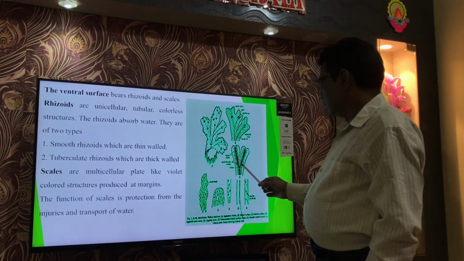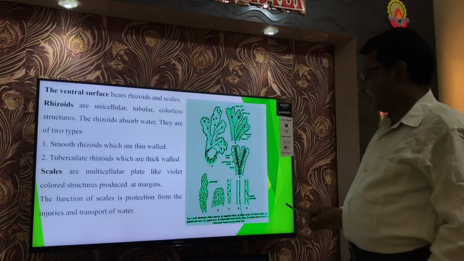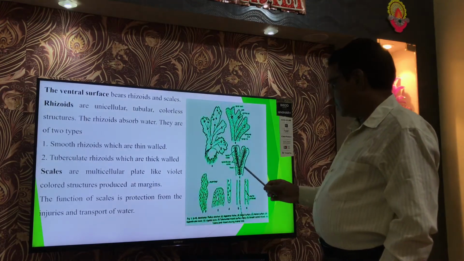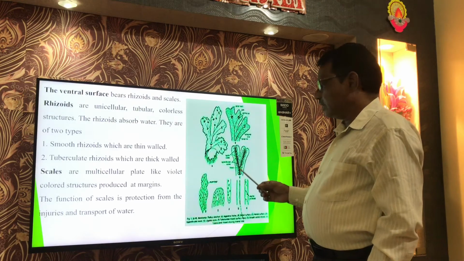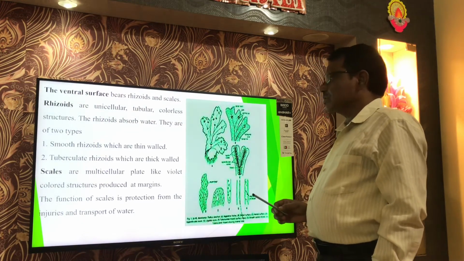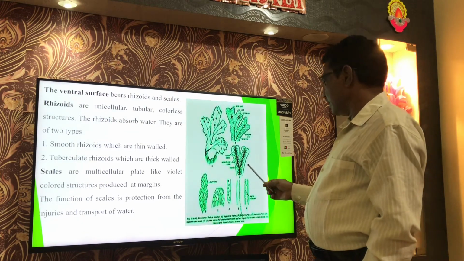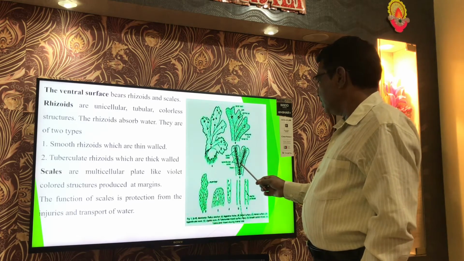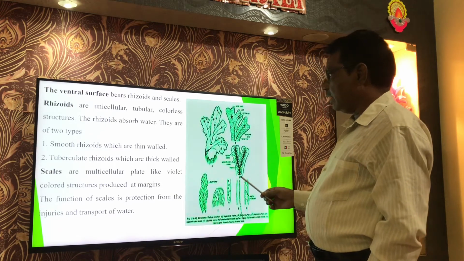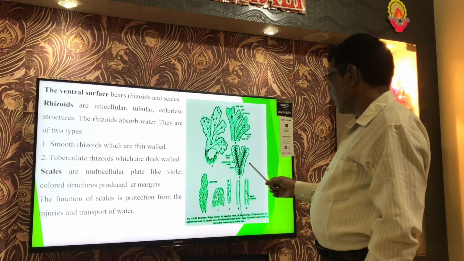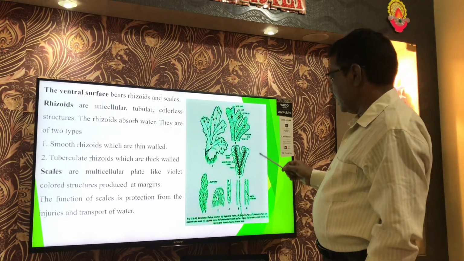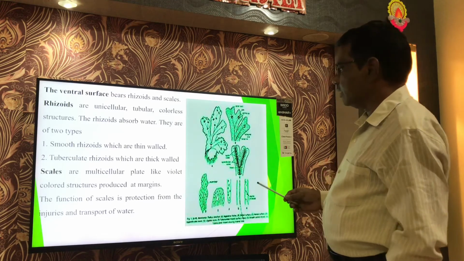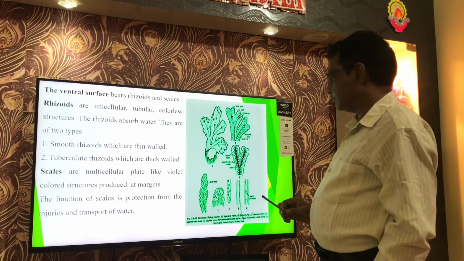You know that roots perform the function of absorption, and they fix the plant body into the soil firmly, which is called anchorage. So these rhizoids are absorbing structures, and another function is that they fix this thallus on the substratum on which it is growing.